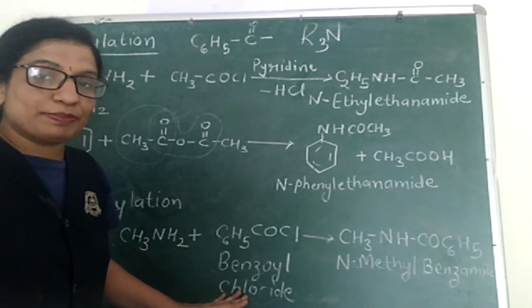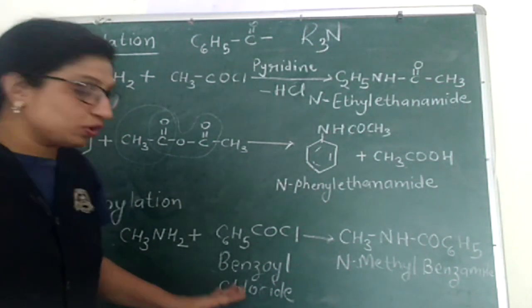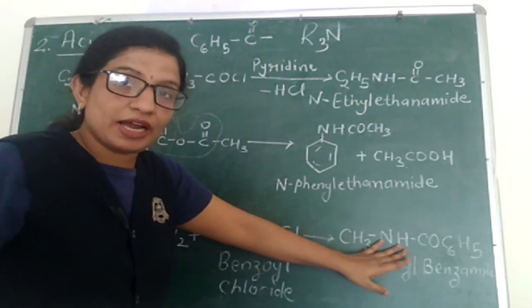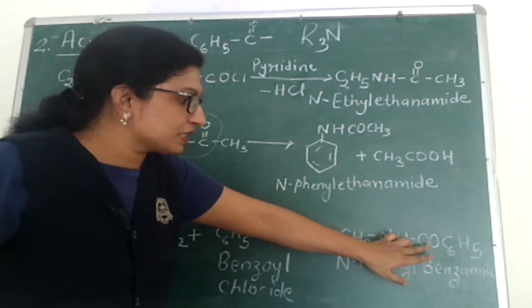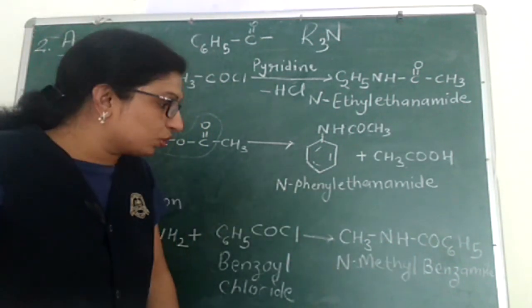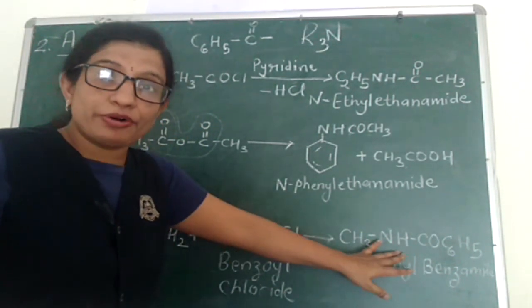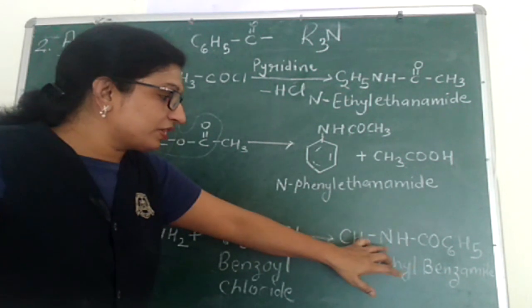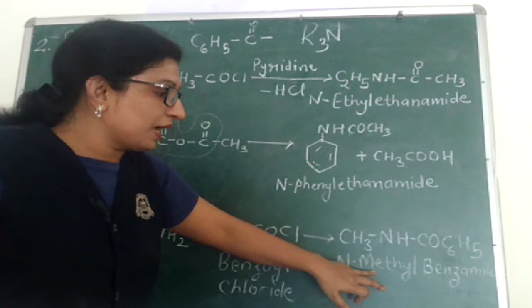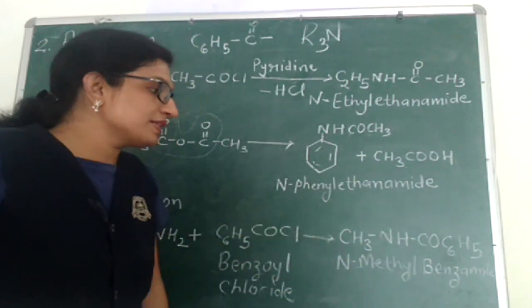A hydrogen atom will be substituted by the benzoyl group. So CH3NH, with one of the hydrogen atoms replaced by COC6H5, that is the benzoyl group. How will this compound be named? With nitrogen, you can see a methyl group is bonded. N-methyl, and the parent compound is benzamide.